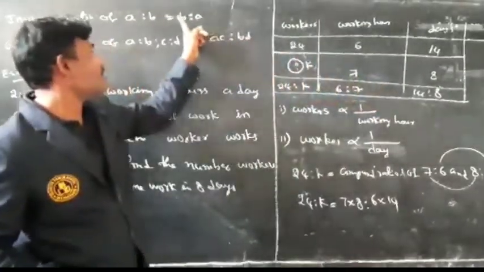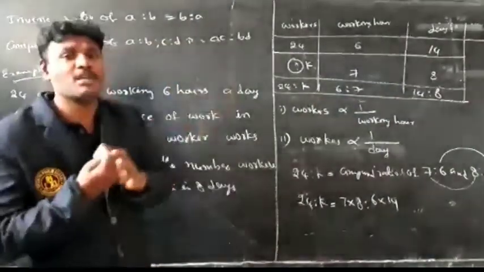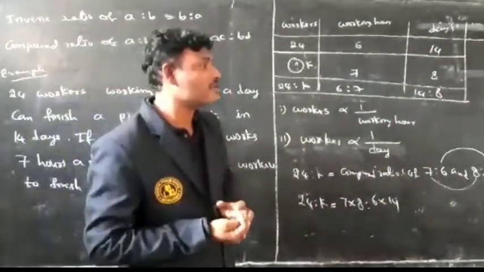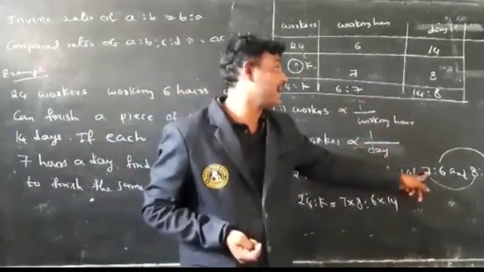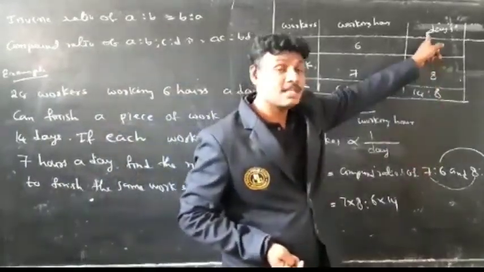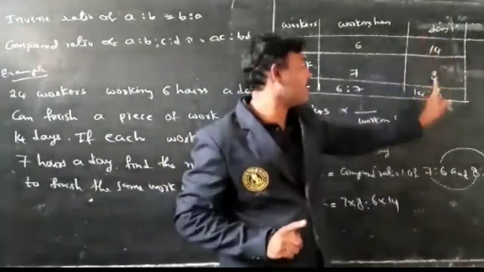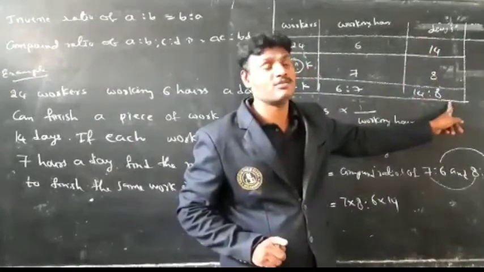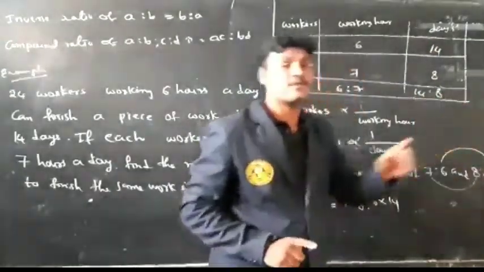What is the inverse ratio of A is to B? The inverse ratio of A is to B is B is to A. Here the inverse ratio of 6 is to 7 is 7 is to 6. And days are also inversely proportional. Because of that I am taking the inverse ratio of 14 is to 8. What is the inverse ratio of 14 is to 8? 8 is to 14.